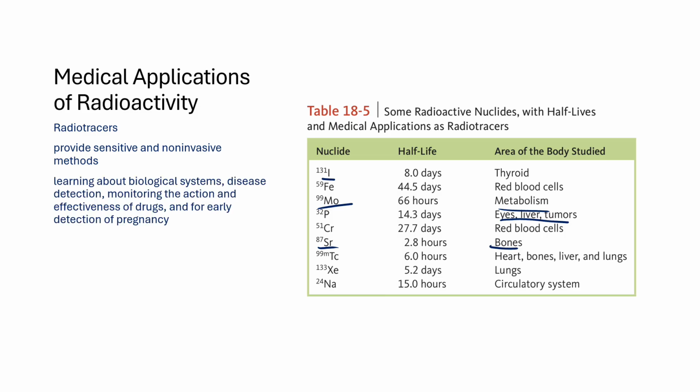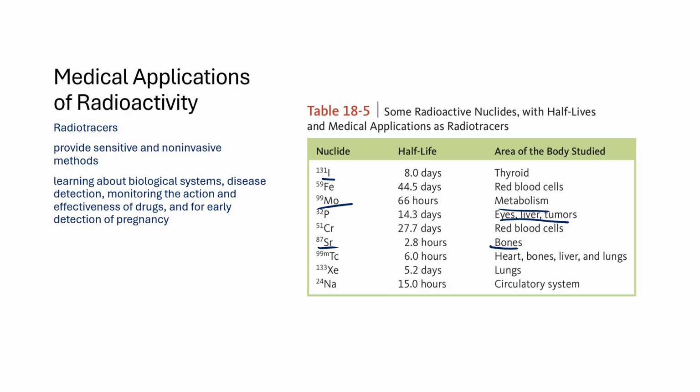These provide sensitive and non-invasive methods. If you want to study what exactly happens in your patient's eyes, nose, red blood cells, or tumors, you would opt for radiotracers, because instead of costly surgery where you'd have to sedate them under general anesthesia, this is a lot cheaper and already gives a lot of information.